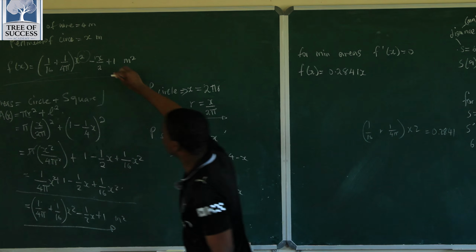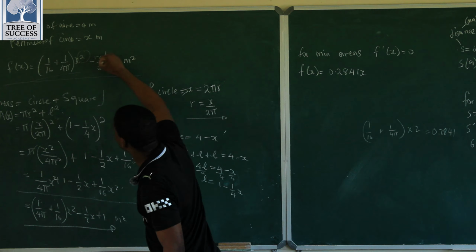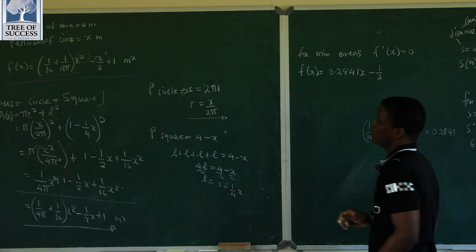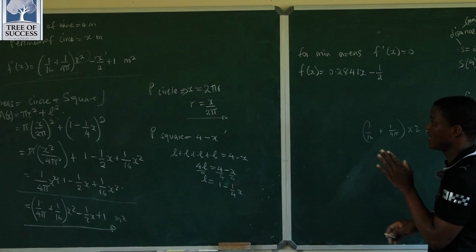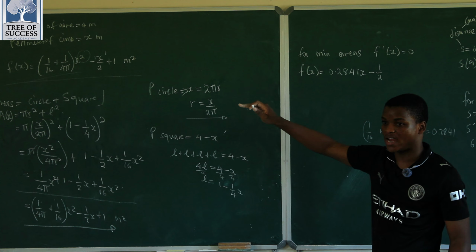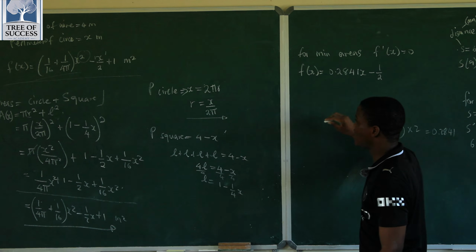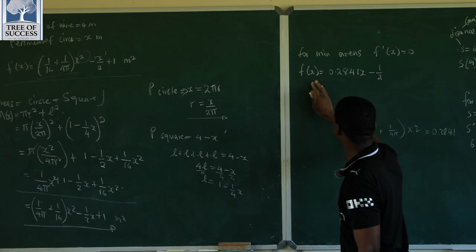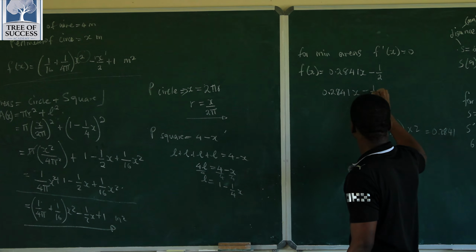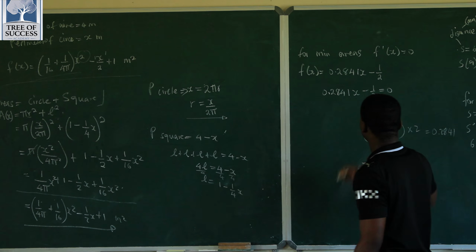So we take the derivative of that: 1 times this negative 1 over 2, negative 1 over 2 of course, because x will have an exponent of 0, right? Then now we have the derivative of that, right? Now we must find it. Okay, we can just take this one and equate it to 0, and then solve for x.